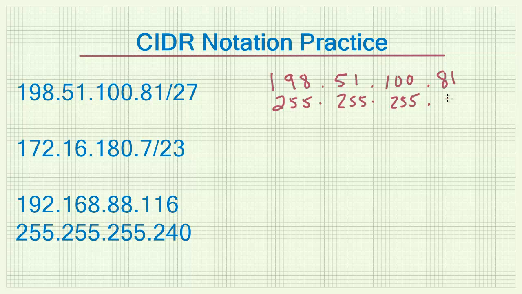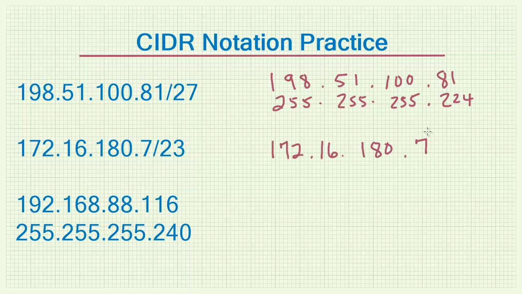So we take 128, 64, 32, and add them up. What do we get? Well, we've already seen that 128 and 64 is 192, so we add 32 to that, and we get 224. So there is the decimal equivalent mask of a /27.